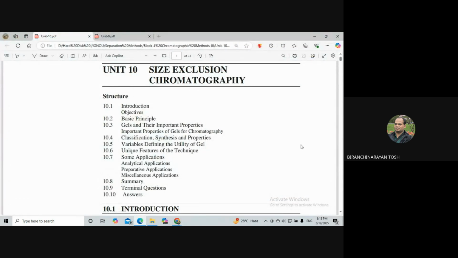So the size exclusion chromatography, which is otherwise known as gel permeation chromatography. In this method, the separation is achieved on the basis of molecular geometry or molecular dimensions.